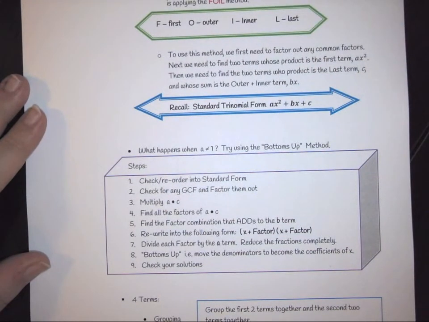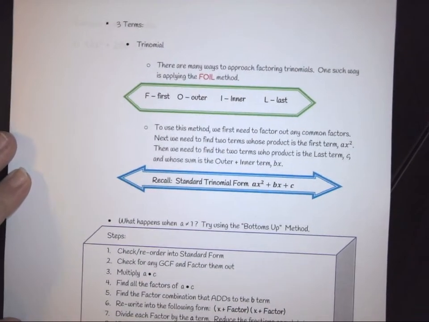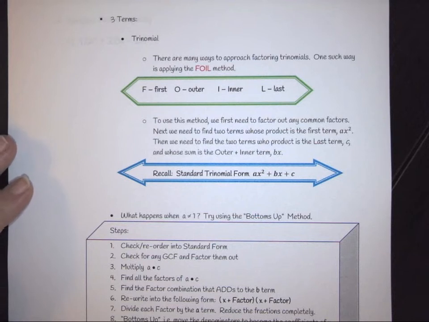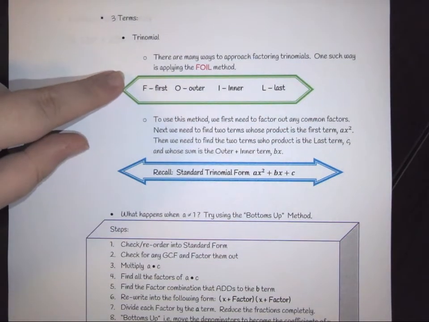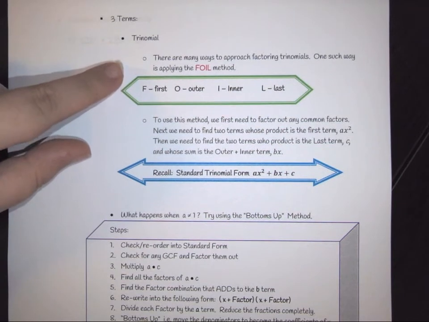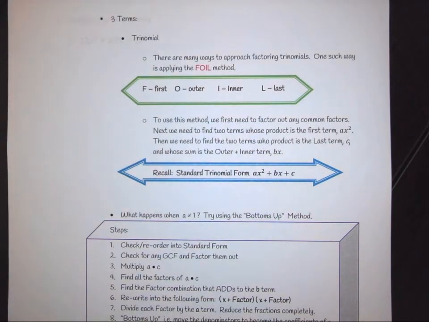Now the other thing that we have is three terms. Three terms means that we have trinomials that we're working with, and there are quite a few different ways that you can approach these. One way is to approach it by means of the FOIL method. So remember, FOIL stands for first, outer, inner, last.